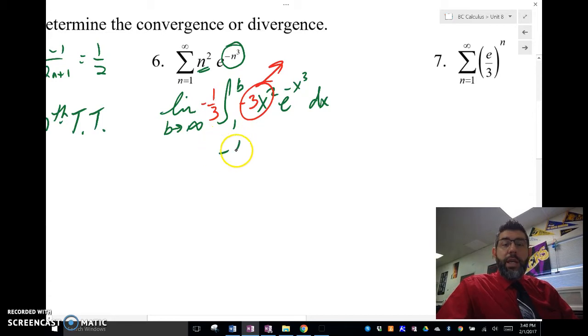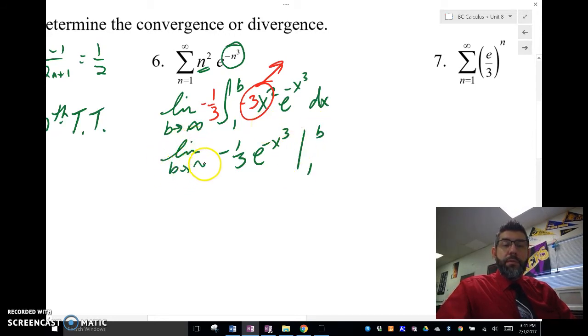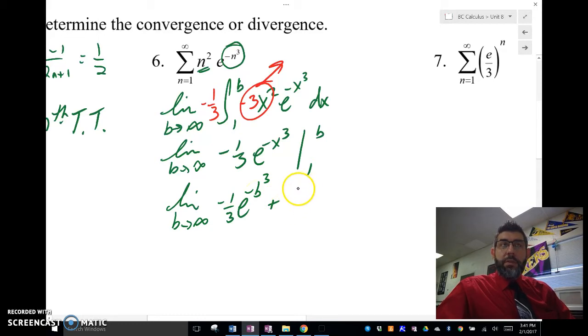So then this is going to be -1/3 e to the negative x cubed, because the antiderivative of e to the anything is just e to the anything, evaluated from 1 to b. So I'm going to have the limit as b approaches infinity of -1/3 e to the negative b cubed plus 1/3 e to the -1.